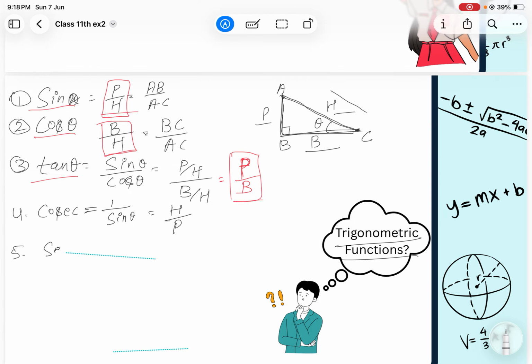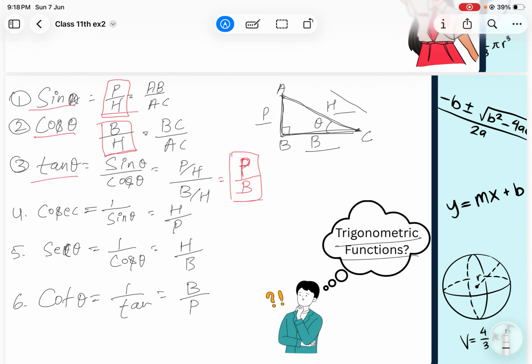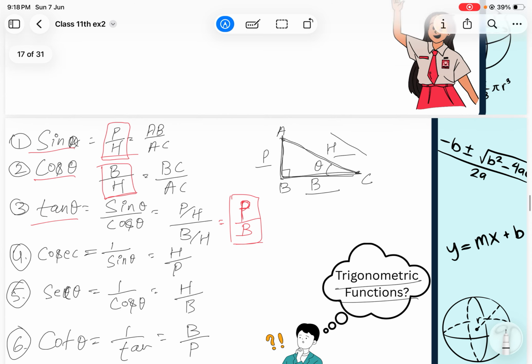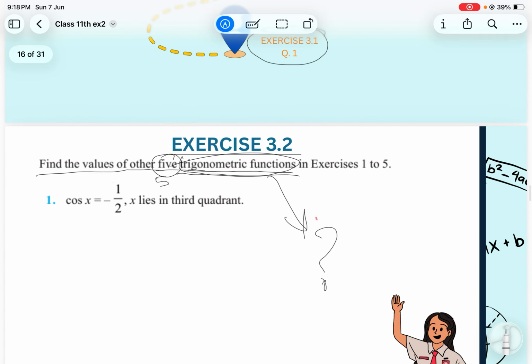Now fifth is sec theta, that is 1 by cos theta, that is hypotenuse by base. Sixth one is cot theta, that is 1 by tan, that is base by perpendicular, right? So this is the sixth, total six trigonometric functions that we are talking about here, right?